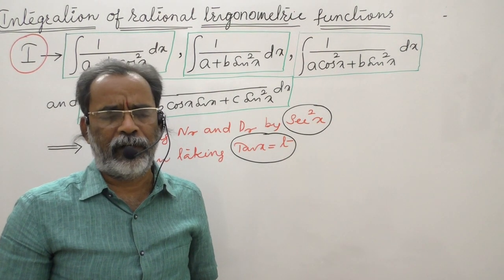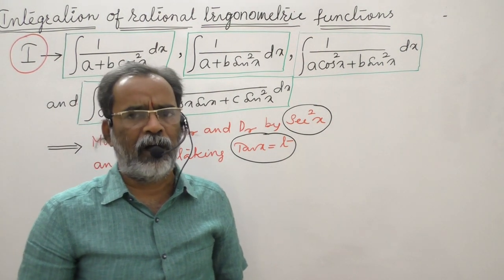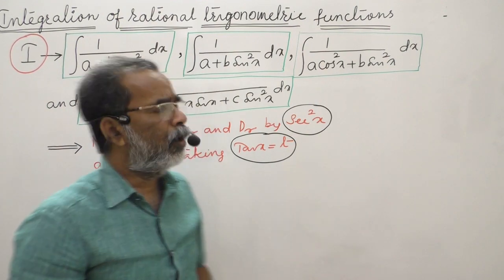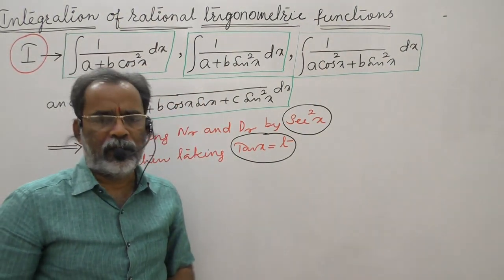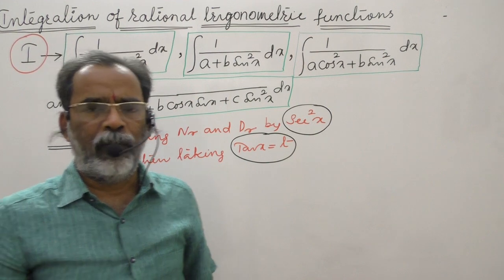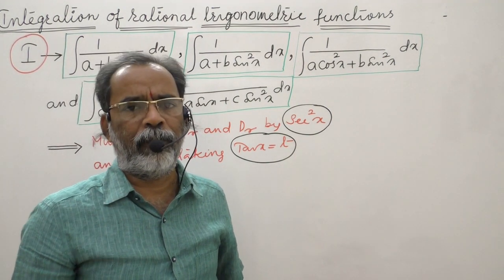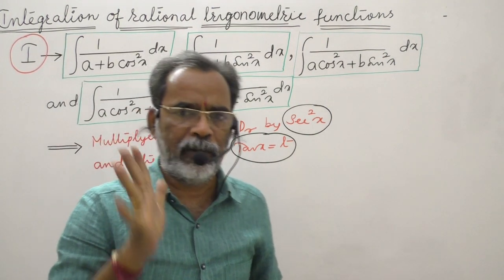You can integrate them; already we have a list of formulae. Now we will see a problem on this type 1. After completing that, we will go to type 2. There are 4 types.